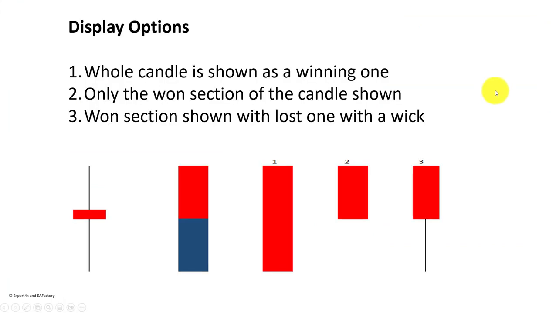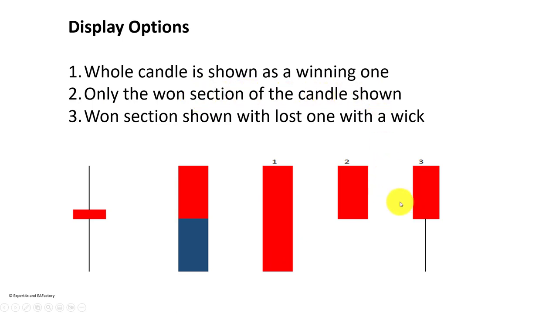Now in future videos we're going to be looking at some variations of this particular charting system. What we've been looking at the moment is this variation, but there are 3 other variations we'll look at. The first one says, well, if red has won that battle, then maybe the whole candle should be red. So we can have a look at a charting system where the winner of the battle nominates the whole range of the candle to be red. The second one is where only one section of the chart is shown.